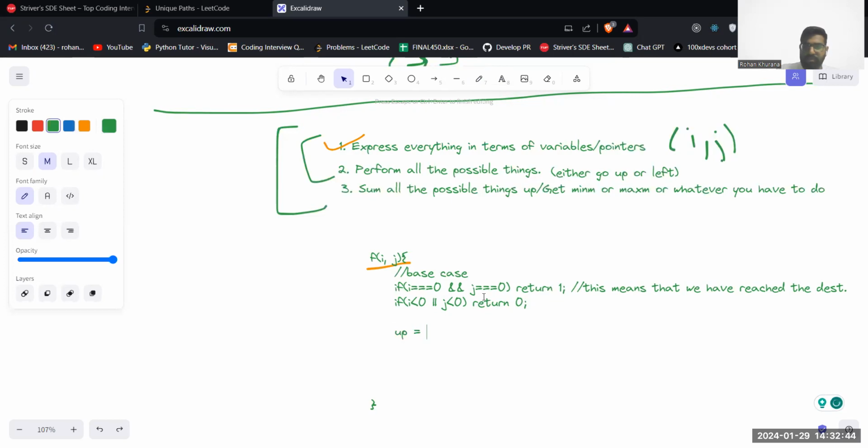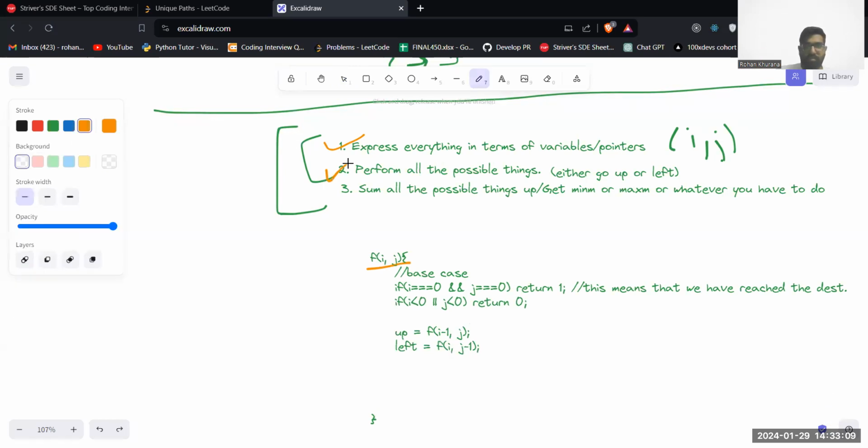Either go up or go left. Going up is nothing but i minus 1, j. The row decreases. This is very easy to understand. Or go left, that is, the column decreases but the row stays the same. So I think we have done perform all the things as well. Great.